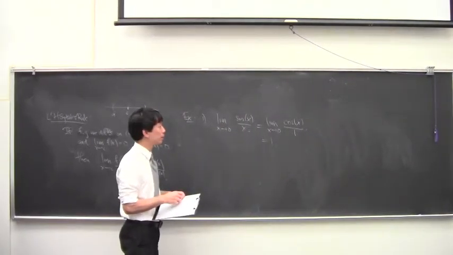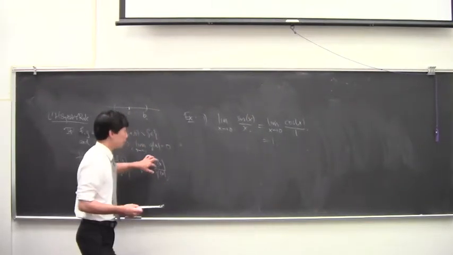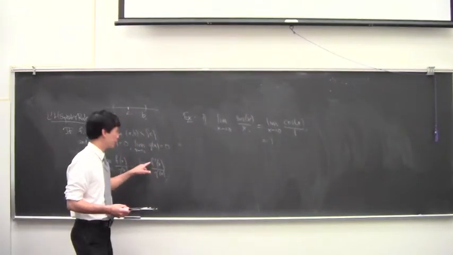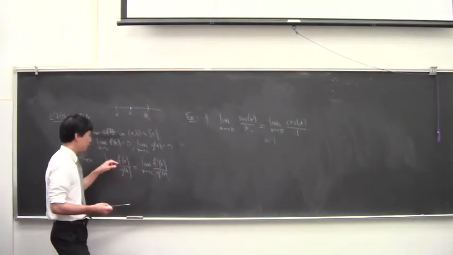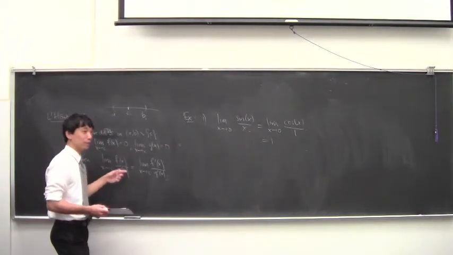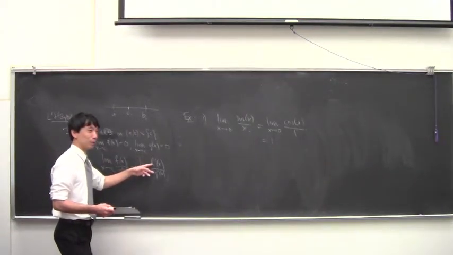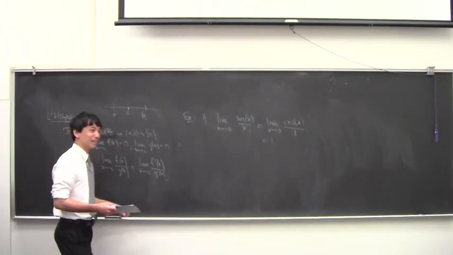So you don't need to apply the quotient rule. We're not taking the derivative of the quotient, but we're taking the derivative of the top and the derivative of the bottom. So it doesn't say that the limit of the quotient is the limit of the derivative of the quotient, but rather the limit of the quotient of the derivatives. That's what I wanted you to say.